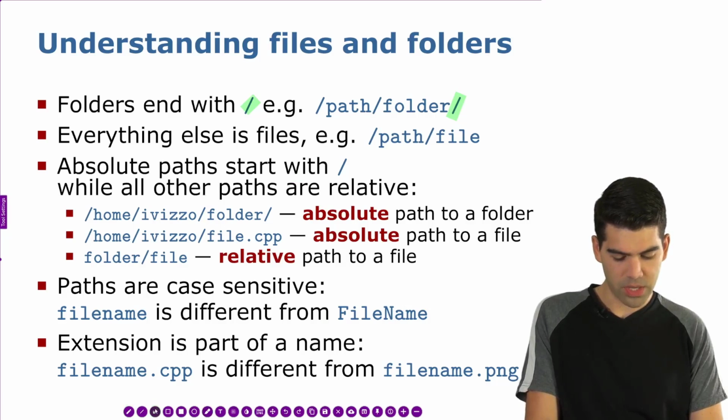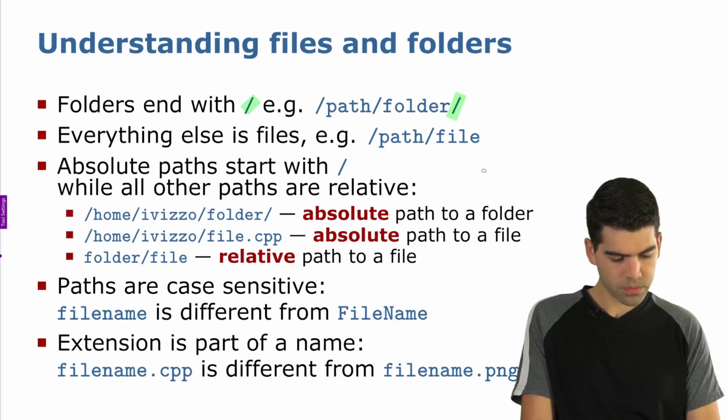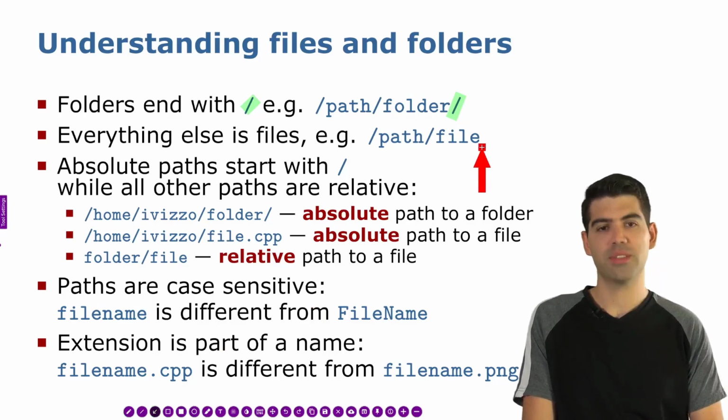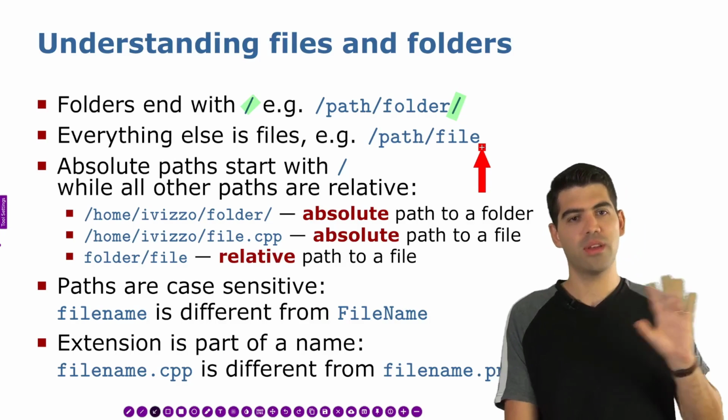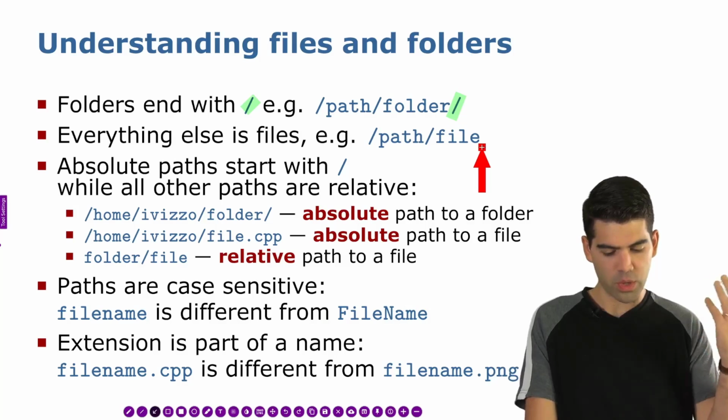So if you pay attention here, at the end of the path there is no slash, meaning that this is going to be a regular file. And then we also have something we call an absolute path.